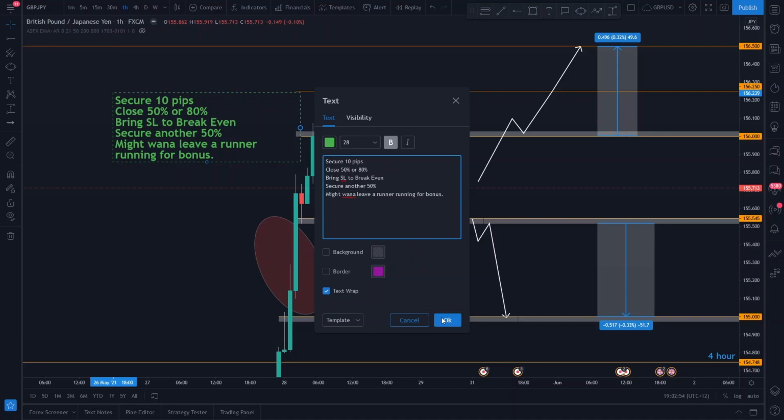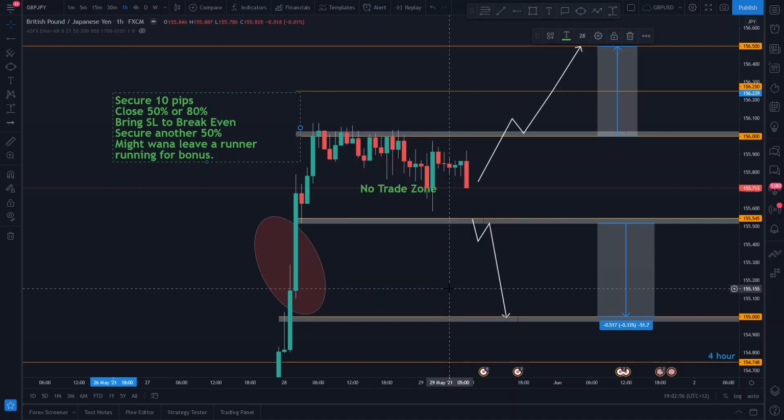It'll come back and hit your stop loss, but it's absolutely fine because sometimes your runner will make you more money than you have actually made in your original trade. So this is why we call it bonus. So if it works out, it works out.